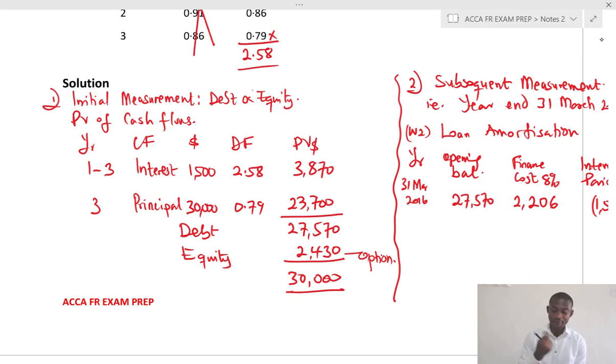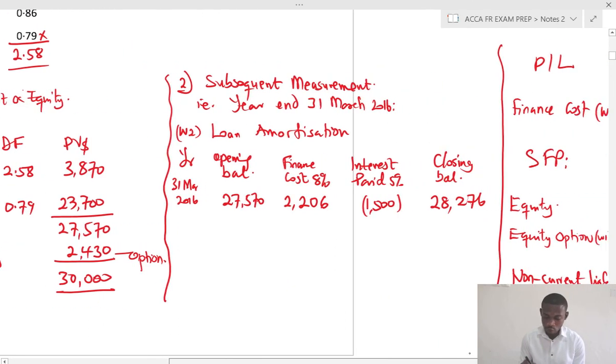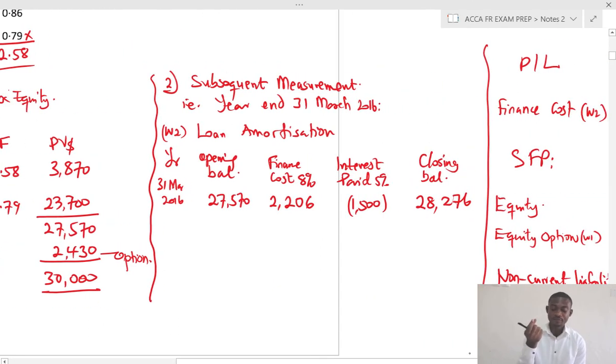And that will give you the equity option and then the debt. And then the subsequent measurement is for you to find the amortization of the loan note. So you can find the finance cost, which is the effective interest, which will be expensed to P&L. And then you can find the closing balance.